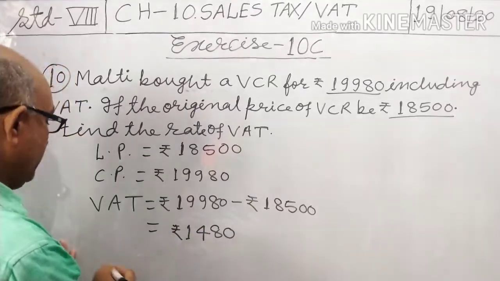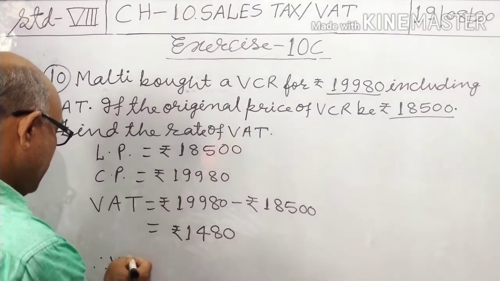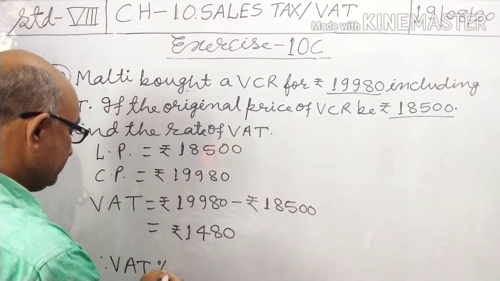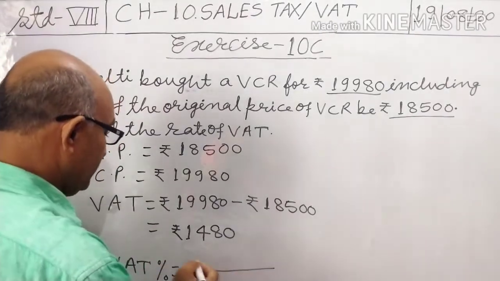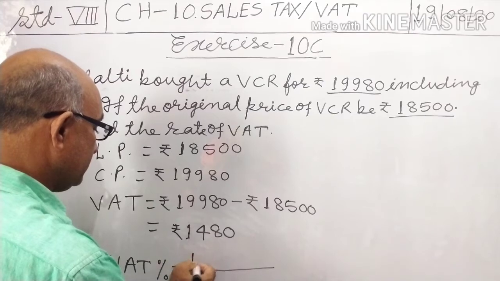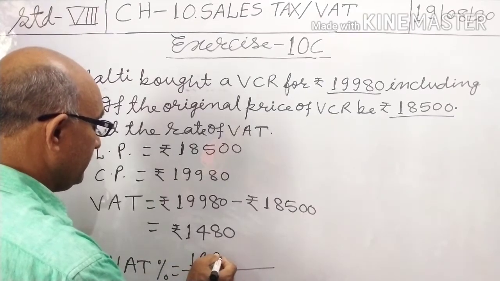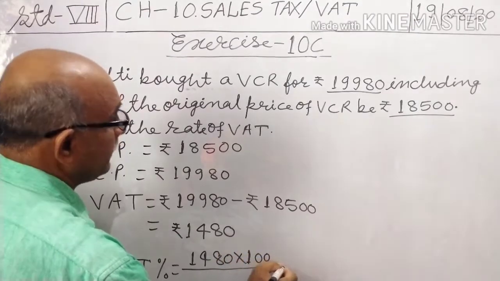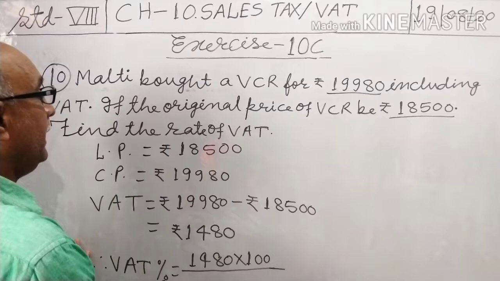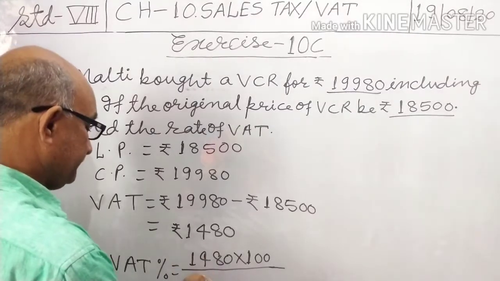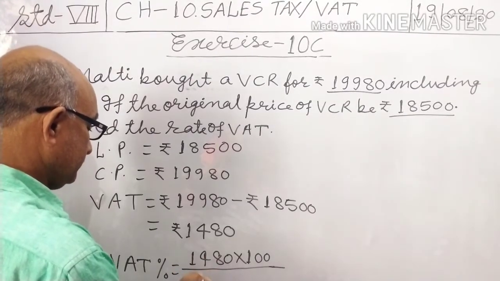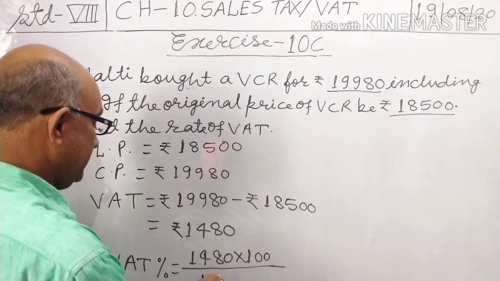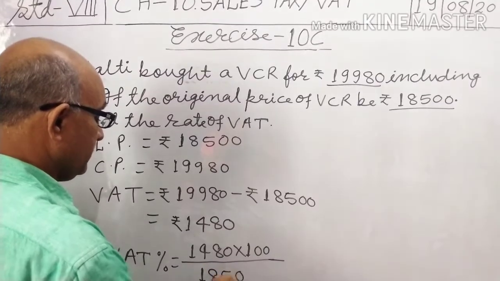Rupees 1,480 is the VAT. VAT percent, that means rate of VAT, equals VAT into 100 by original price, that means LP, 18,500.